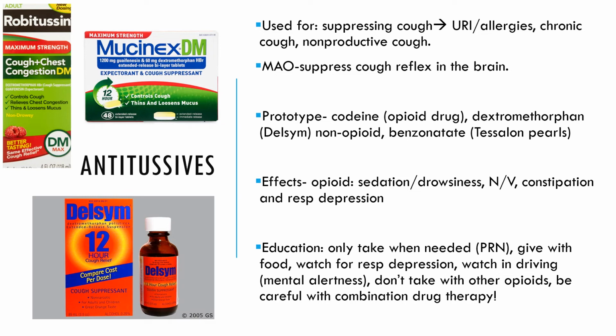The opioid drug is going to have the same symptoms as your regular opioids. So we're going to watch for sedation, drowsiness, constipation, respiratory depression. We want to make sure that we watch out if our patients are on SSRIs or MAOIs. Remember, that can help reduce the respiratory drive. So we want to make sure that we watch for patients with substance abuse history. And we want to make sure that we always give the lowest dose possible.